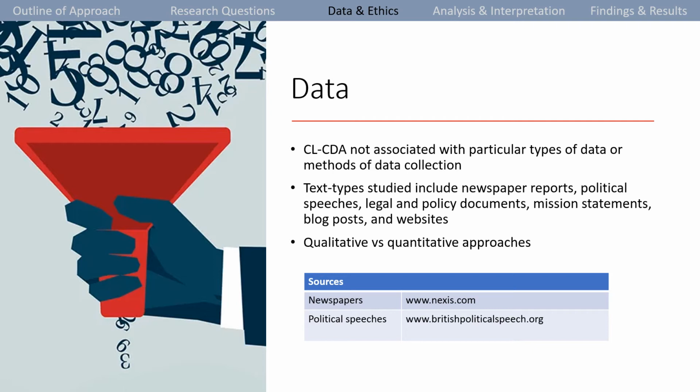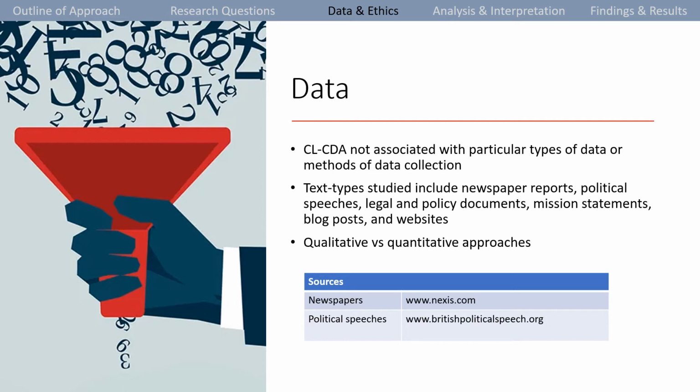Though it's fair to say that cognitive linguistics CDA has tended to work with texts that at least present themselves as monologic rather than texts which are manifestly dialogic, produced in more interaction or communicative settings. This includes texts such as newspaper reports, political speeches, legal and policy documents, mission statements, blog posts, and websites.